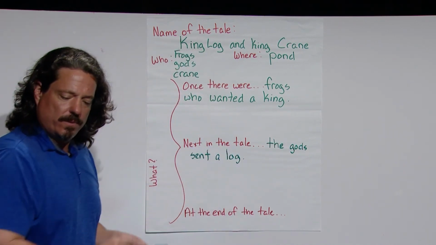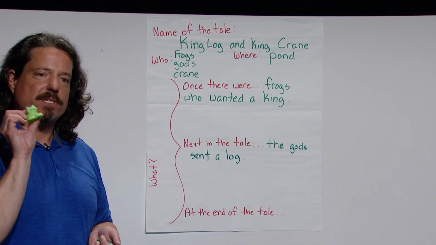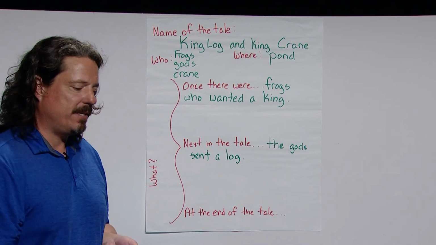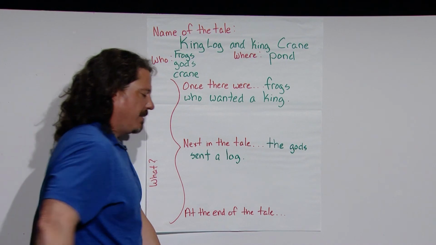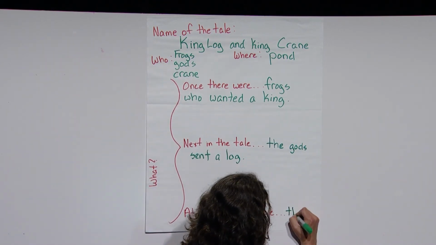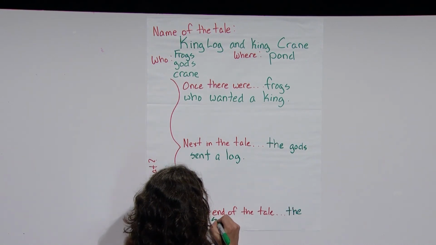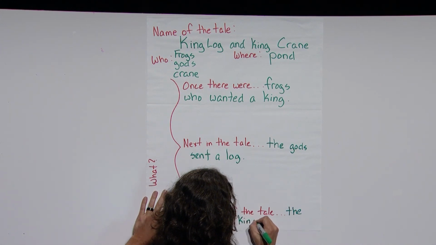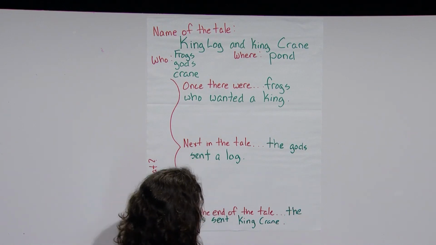But we know the frogs, after a while, they realized that he was tame, and they were like, this log king isn't going to cut it. We need a strong king. So at the end of the tale, the gods sent King Crane. There you go.